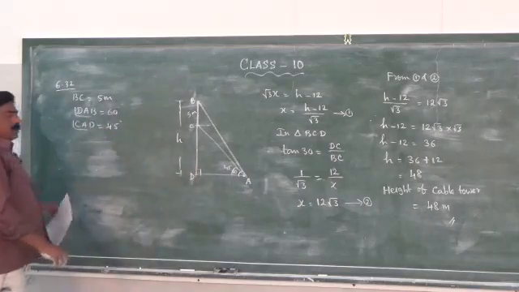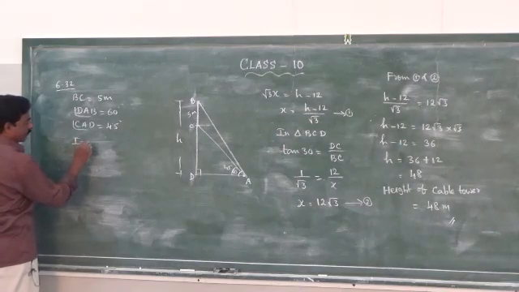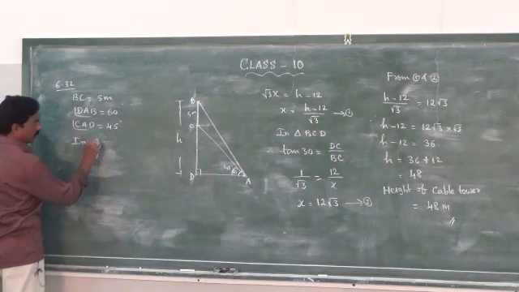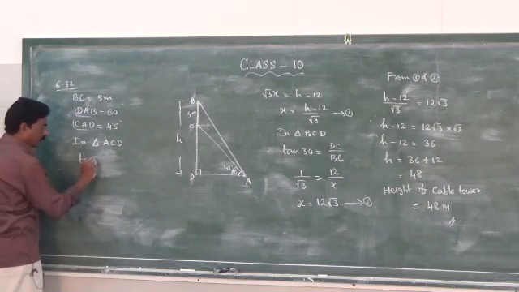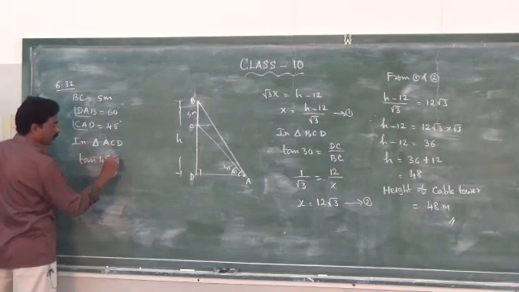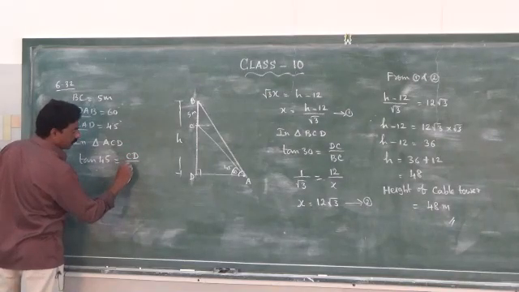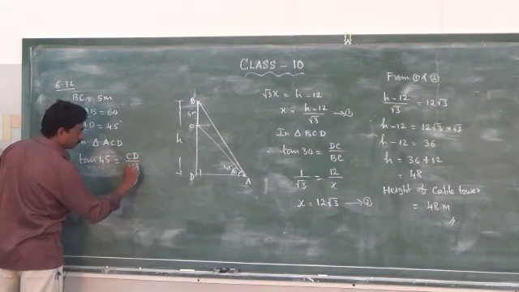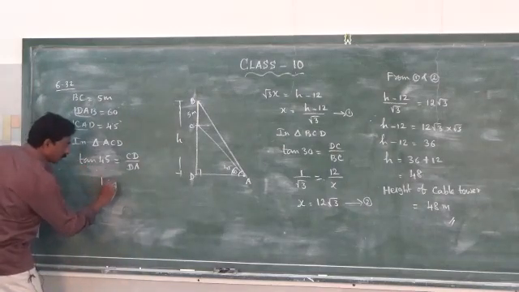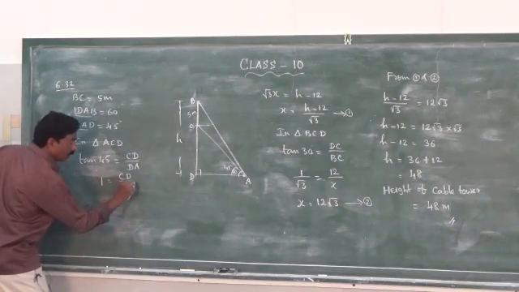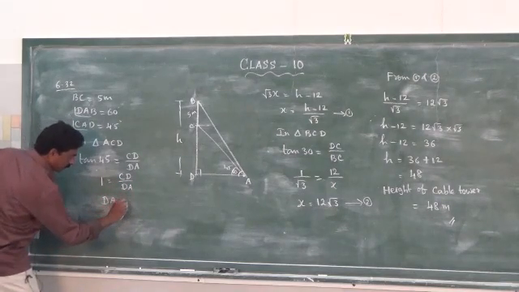So in triangle ADC, that is tan 45, easy to find. Triangle ACD, tan 45 is equal to opposite. Opposite is CD and adjacent is AD or DA. So 1 is equal to CD by DA or DA equal to CD.